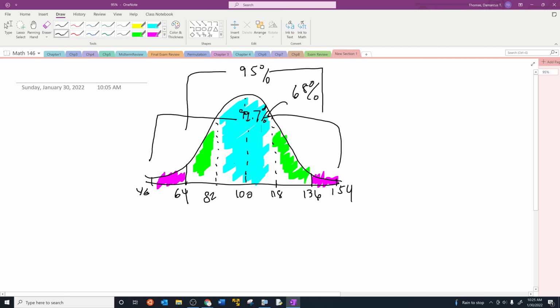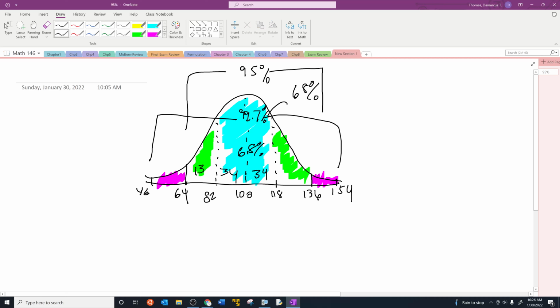So since the inner portion is 68%, each little sector is 34. So this is 34, 34. And then the next is 95, and the difference between 95 and 68 is 27. So half of 27 is about 13%.